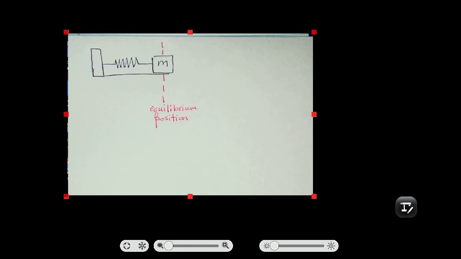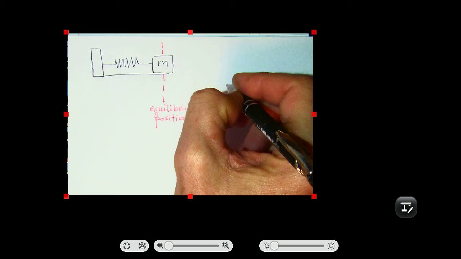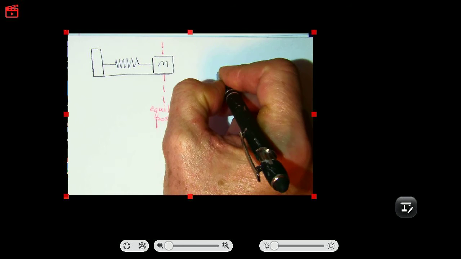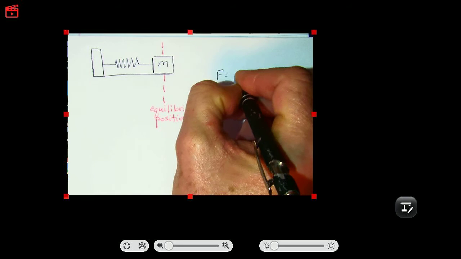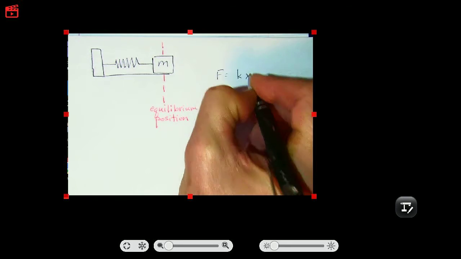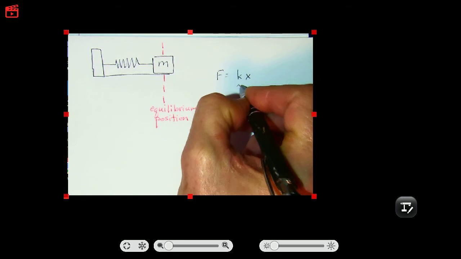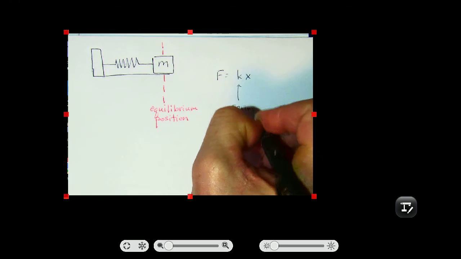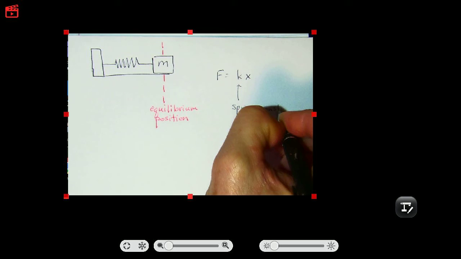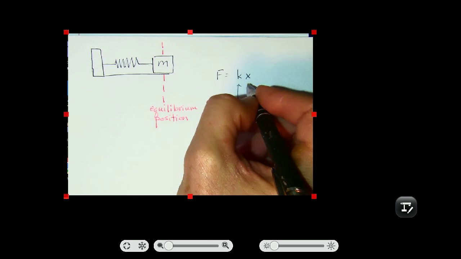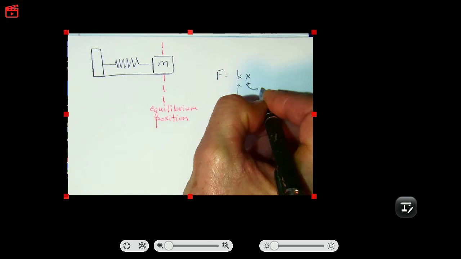If you remember from before when we were talking about forces and energy with springs, we said that the force is governed by Hooke's law, F equals kx, where k is something called the spring constant, and x is the displacement.